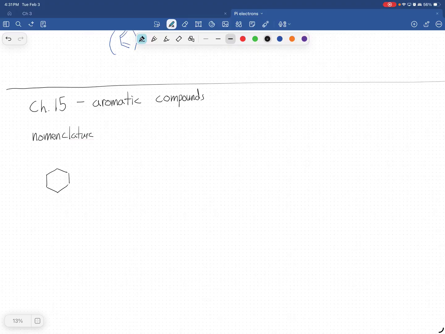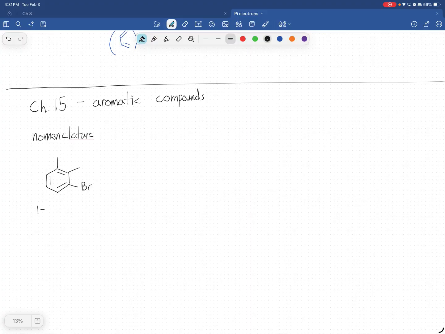For the most part, naming benzenes is easy because the parent name is benzene, and you have substituents on the benzene ring. For example, how would we name this?